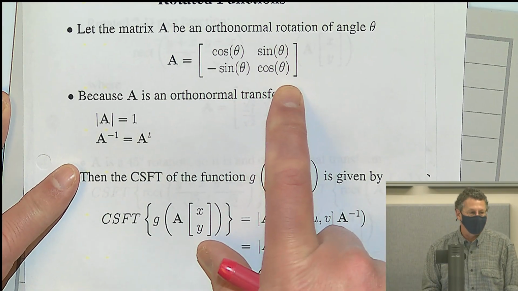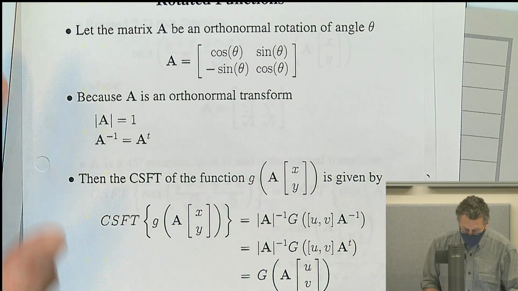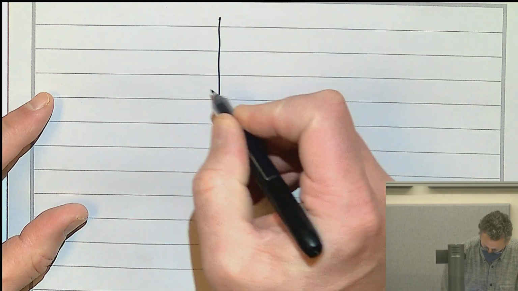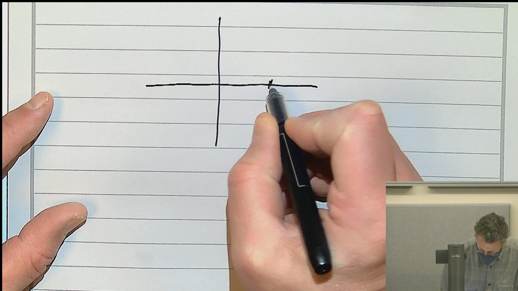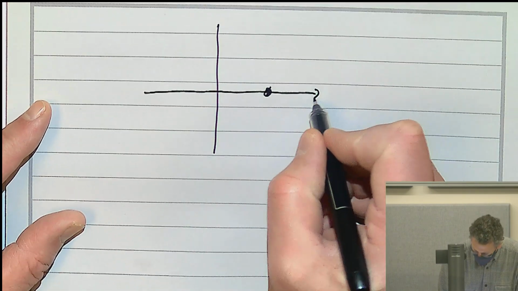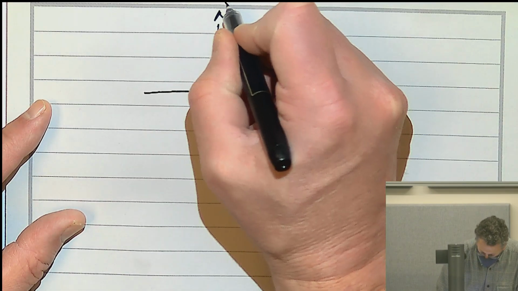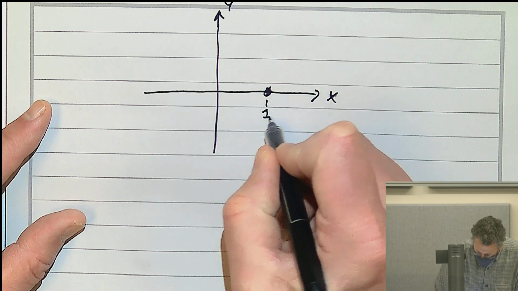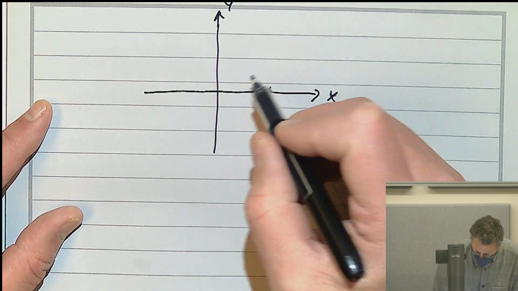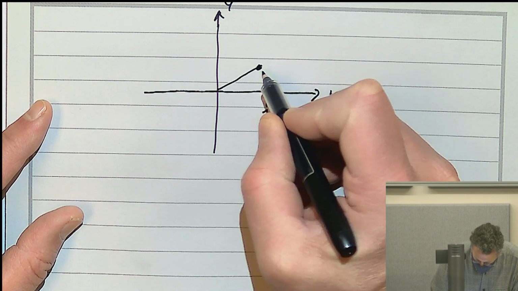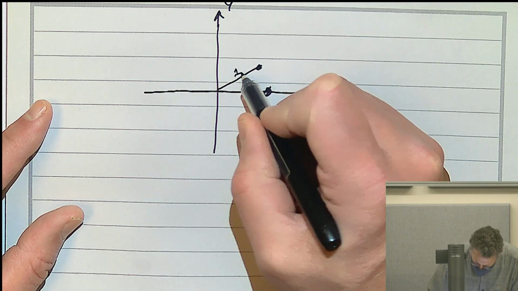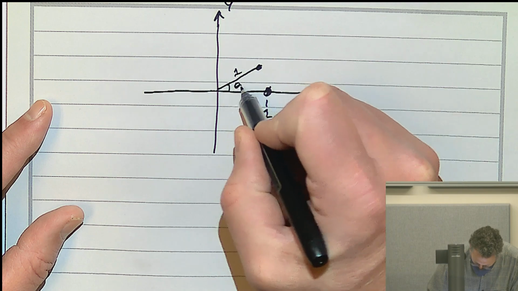That may seem familiar. You can derive the rotation matrix. Let me just do this real fast, because you use it all the time. You have a unit vector, so this is x, and this is y, and that's 1. If you rotate your coordinate system by theta, it will be like this, of length 1, and this is theta.